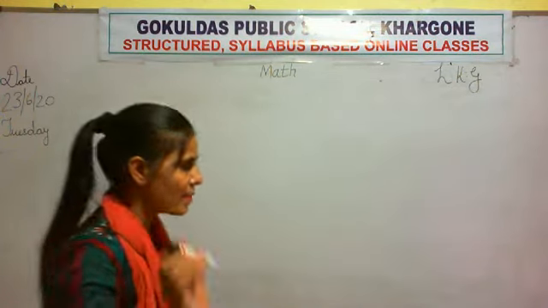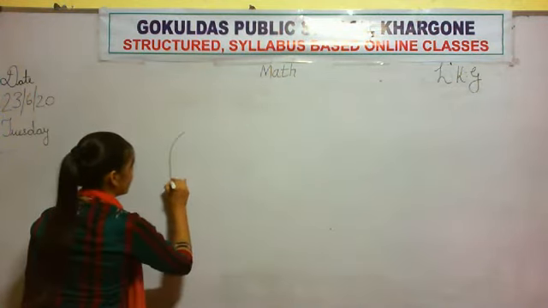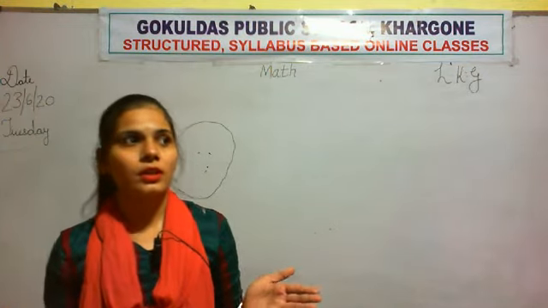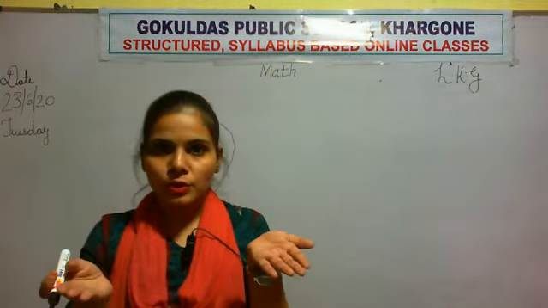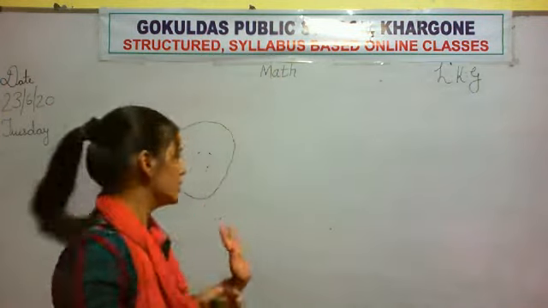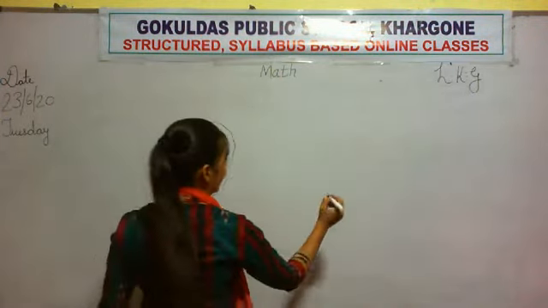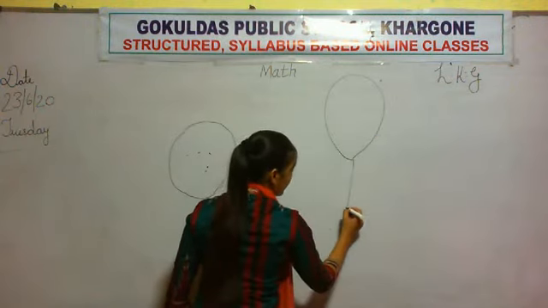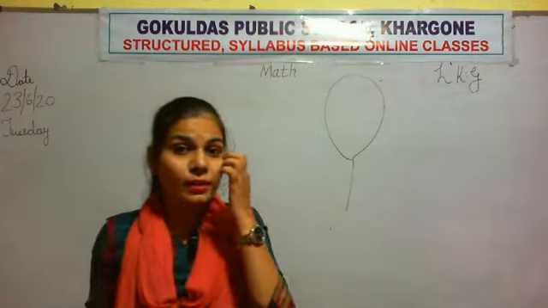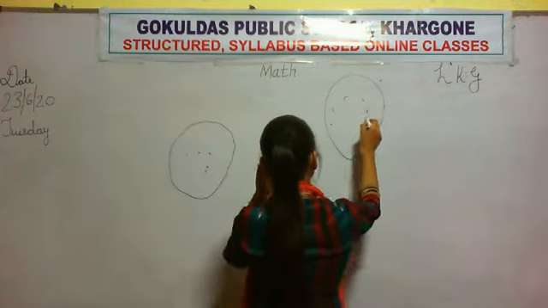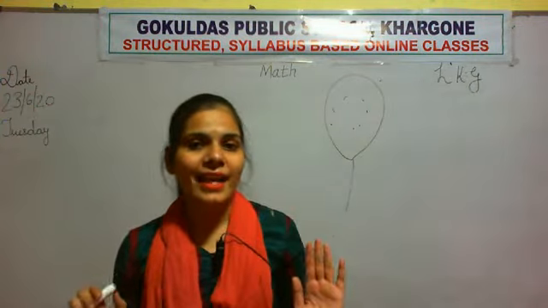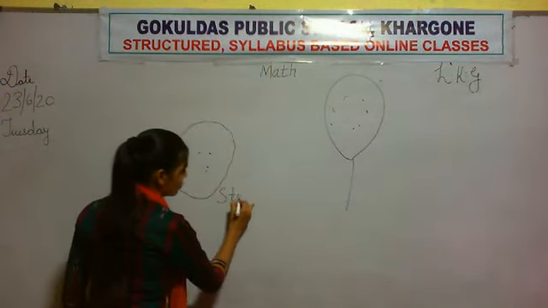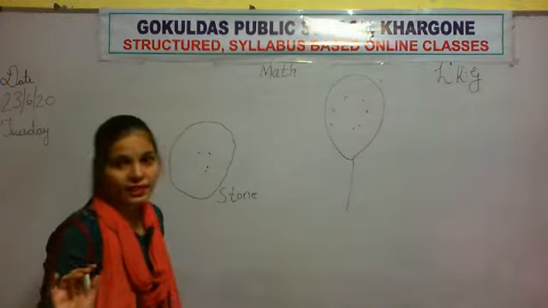I give you another example, this is a stone, like you see, patthar. And this side, one balloon. So you see the balloon is light in weight, but the stone is heavy in weight.